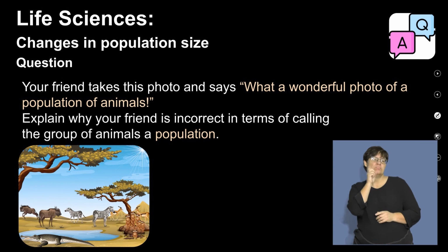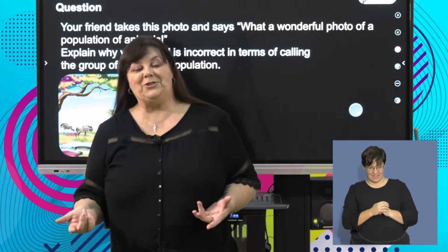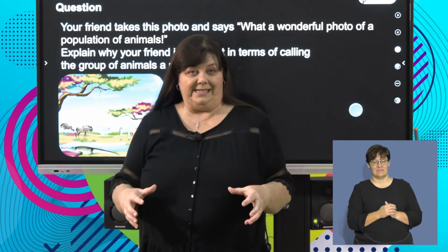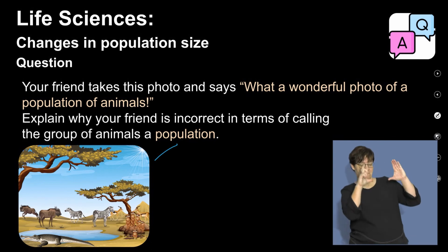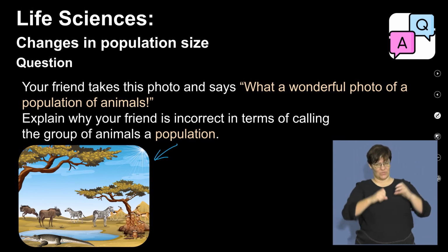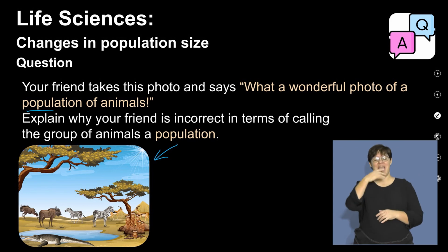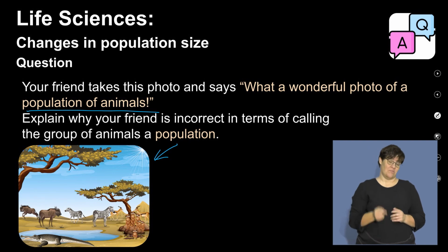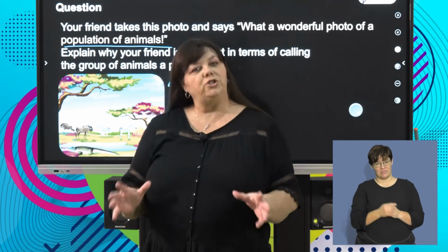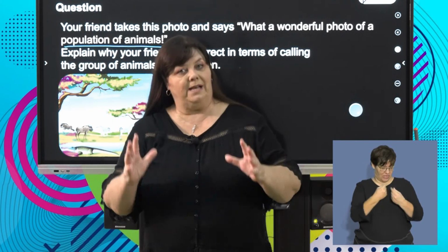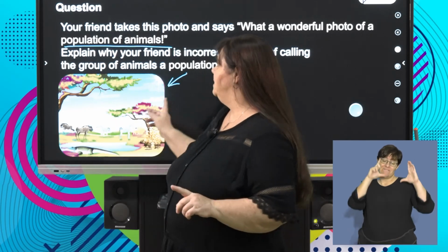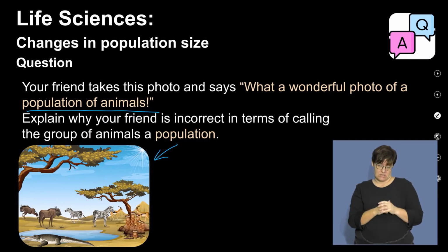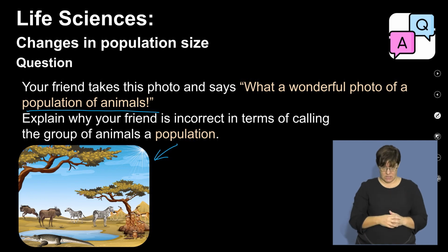Now, let's test what you have learned over the lesson. Your friend takes this photograph and says, "What a wonderful photo of a population of animals." Now, you don't want to be that friend, but unfortunately, you have learned your life sciences with Mama H, and so you say, sorry, this is not a photograph of a population of animals.